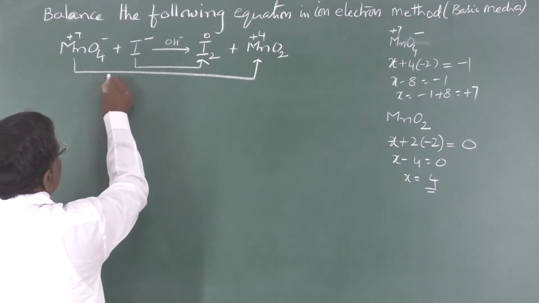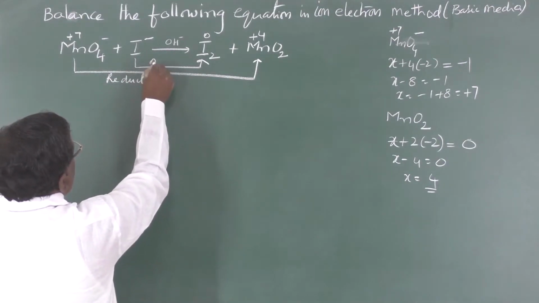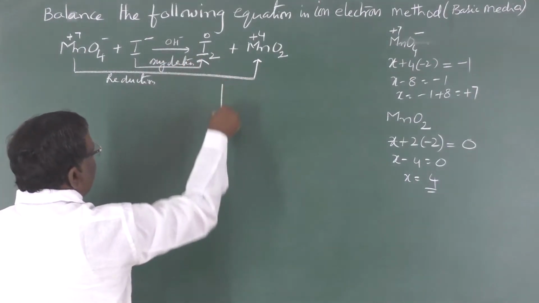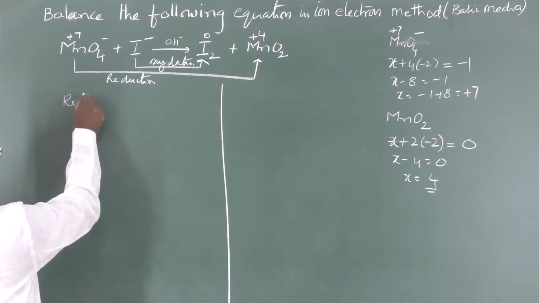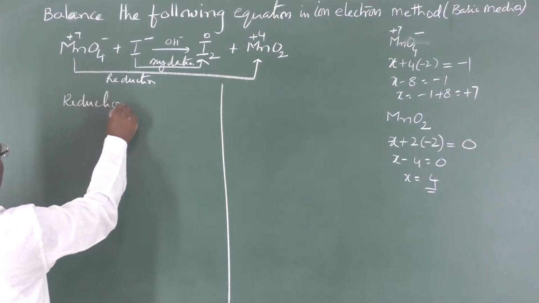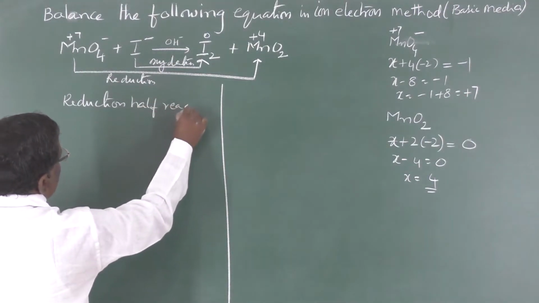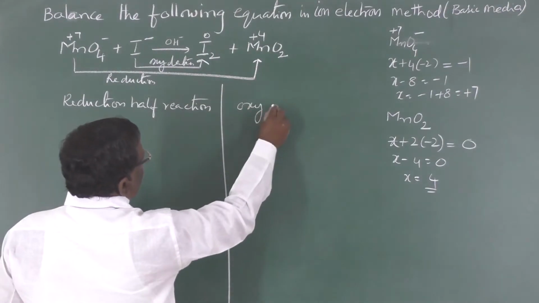So this is reduction and this is oxidation. Now let us split the equation into two half reactions: reduction half reaction and oxidation half reaction.